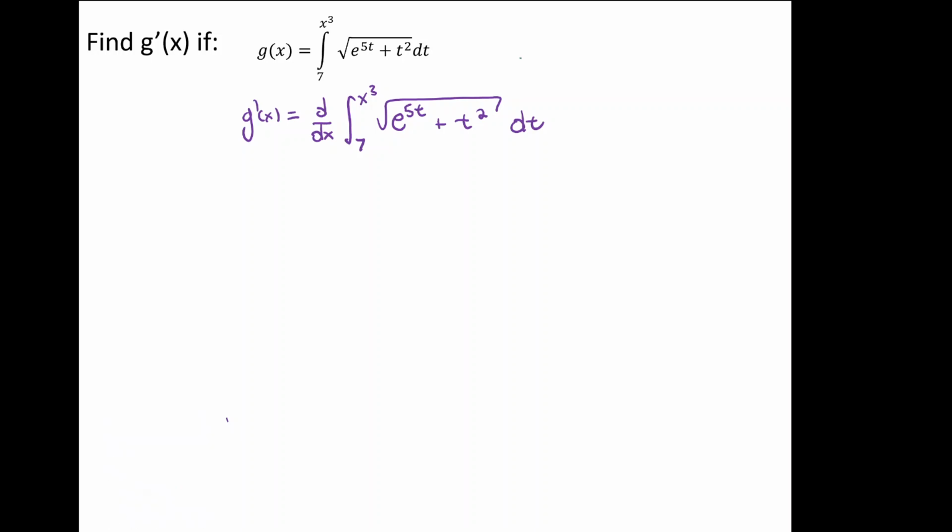So I'm going to label these pieces here: f of t is the square root of e to the 5t plus t squared. And h of x, go back to the formula, the top bound we called h of x if it's a function, is x cubed.